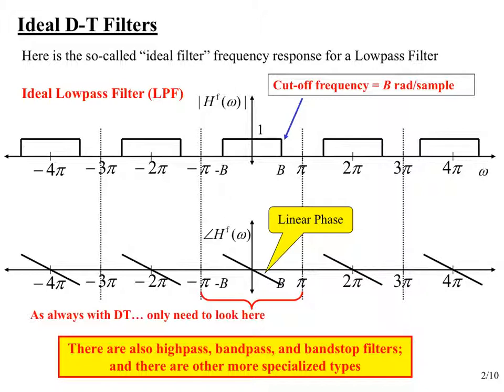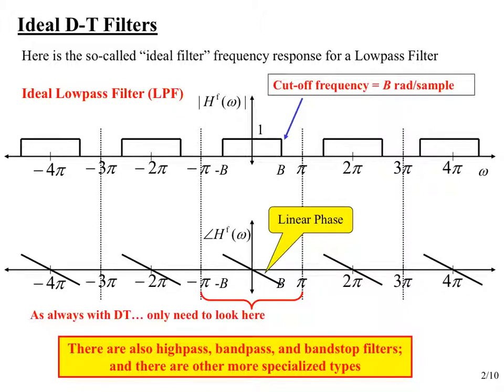The ideal filter is something that we hold up as an ideal, something that we would love to try to actually achieve, and we define it as follows. Going back to our first encounter with this, we said we would like to define a filter such that if the input signal's Fourier transform lies completely inside the passband, the thing that comes out should be nothing more than an amplitude scaled version, perhaps, and a time delayed version, perhaps.